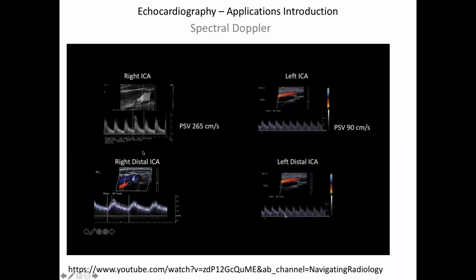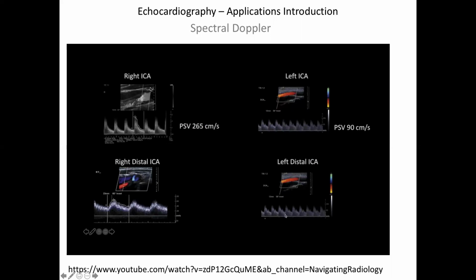Okay. This is an example of Doppler with a transducer that's put right onto the carotid artery, internal carotid artery. And so this is the patient's right and left internal carotid artery.